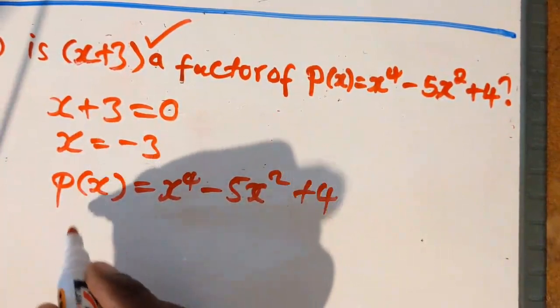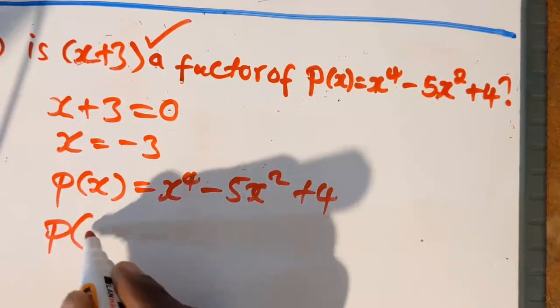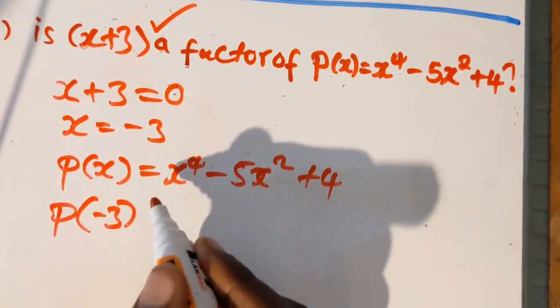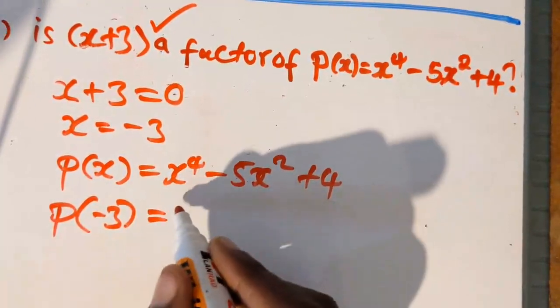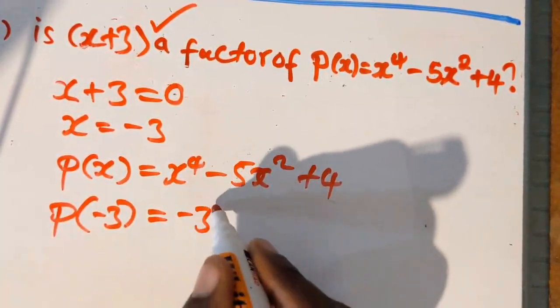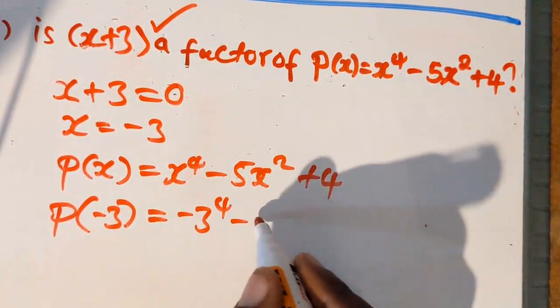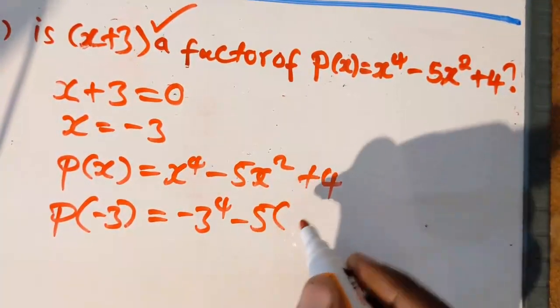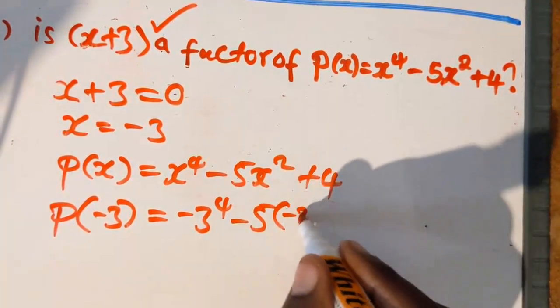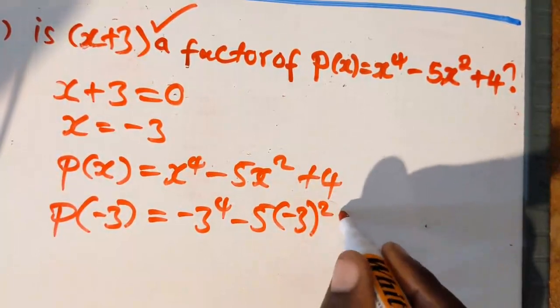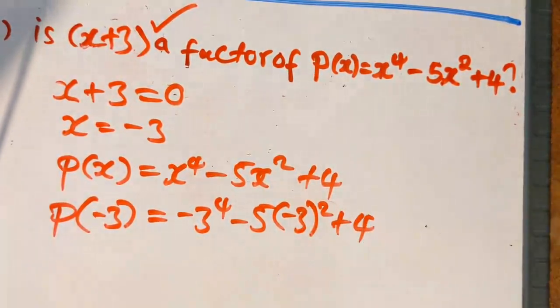So we are going to say p of negative 3 is equal to negative 3 to the power 4 minus 5 times negative 3 to the power 2 plus 4.